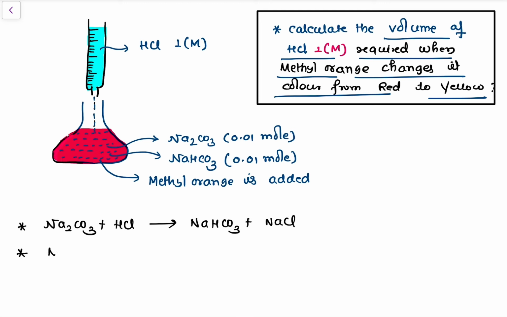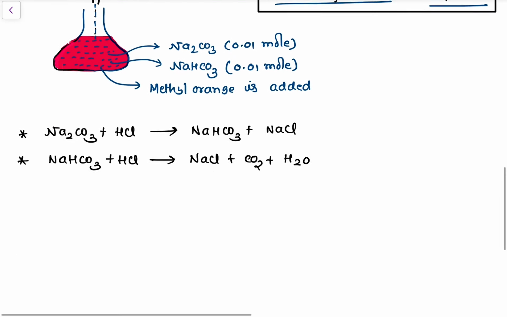And second, sodium bicarbonate. Now again I am saying, the sodium bicarbonate which is coming in the second reaction has two sources. One is from reaction 1 and the other one is already present in the solution. So from the second reaction, NaCl, CO2 and water will be produced.